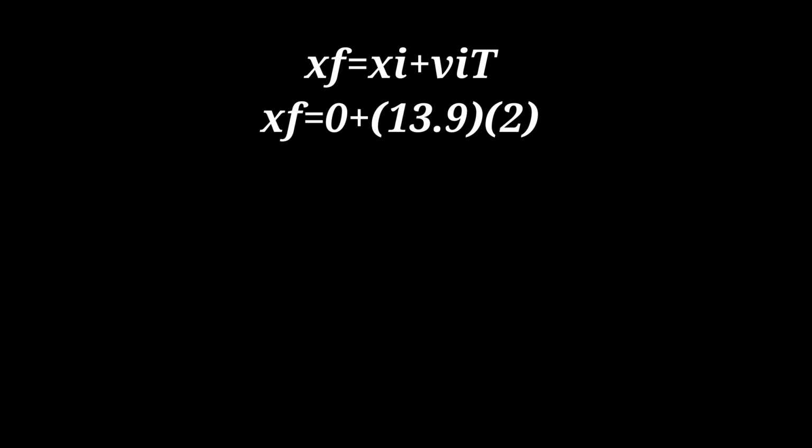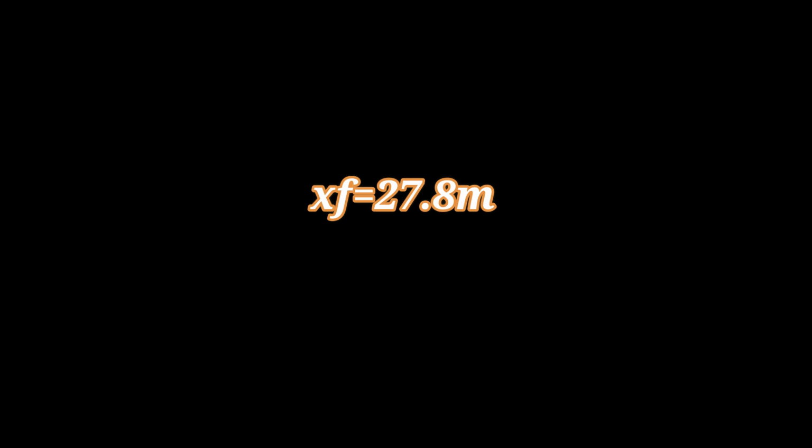Then you sum 0 because the initial distance is 0, plus the initial velocity, which is 33.9, times the time, 2 seconds. That gives us a result of 27.8 meters. That result is the whole distance traveled in the trajectory.